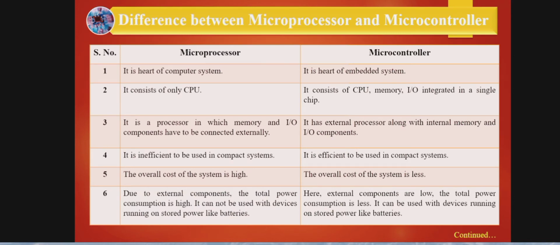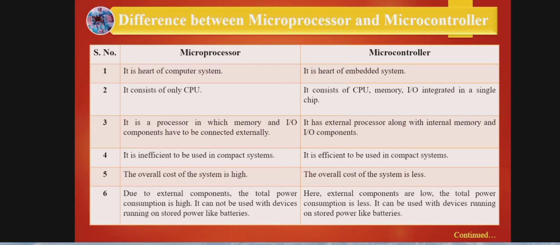These are the differences between microprocessor and microcontroller. Microprocessor consists of only CPU. Microcontroller consists of CPU, memory, input-output integrated in a single chip.